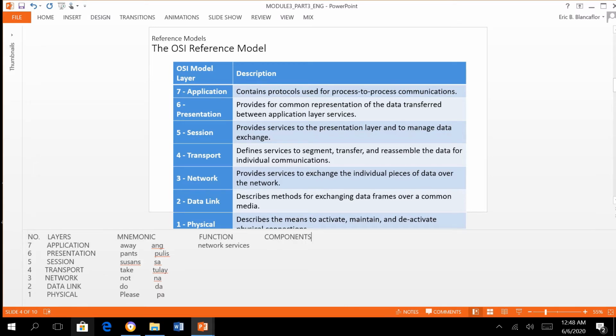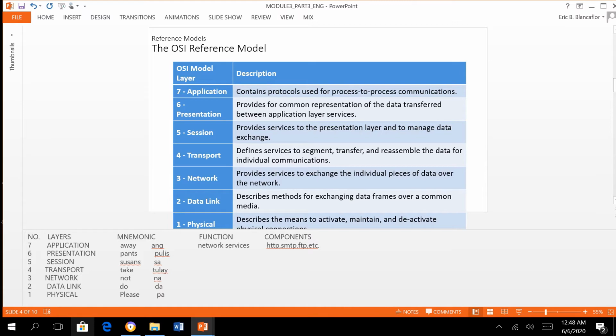For these to work, you need application software, and for them to work there are specific protocols, for example HTTP for web browsing, SMTP for email, FTP for file transfer, and so on. We call these application layer protocols, and they all fall under the application layer.